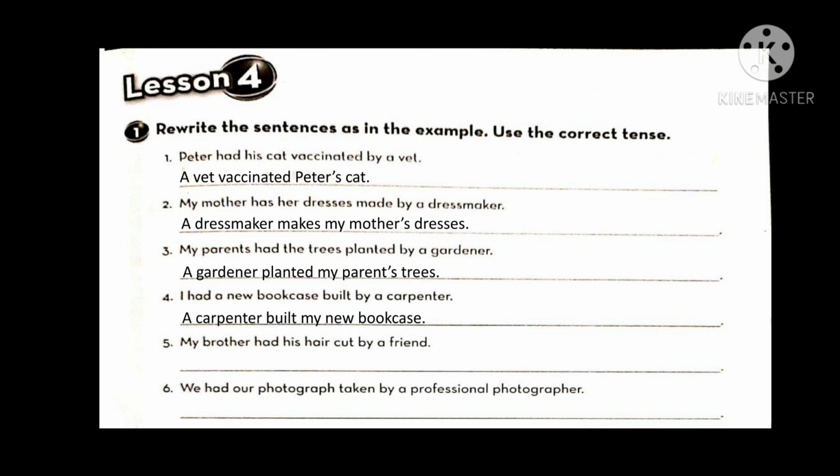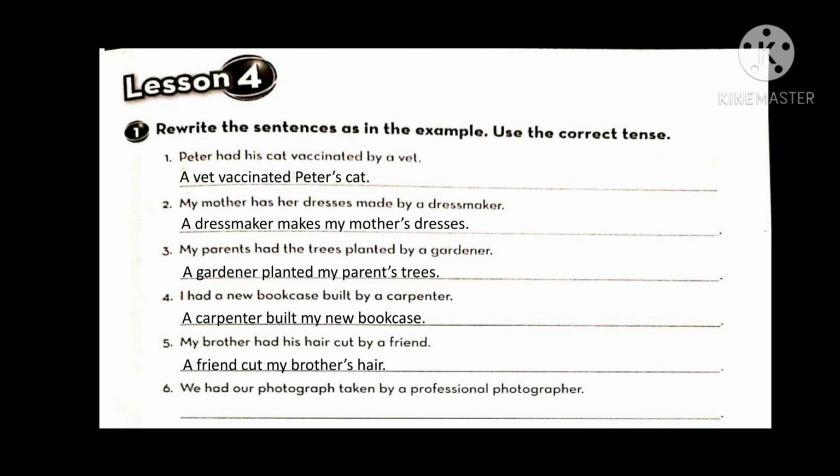Number 5, my brother had his hair cut by a friend. Had object verb 3. Had means that we will use the simple past form. Where is the subject? A friend or my brother's friend. So, a friend cut my brother's hair.